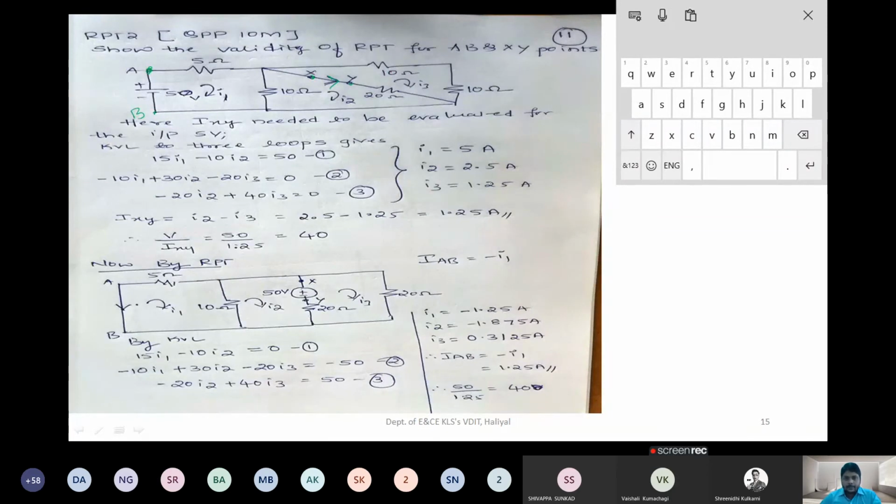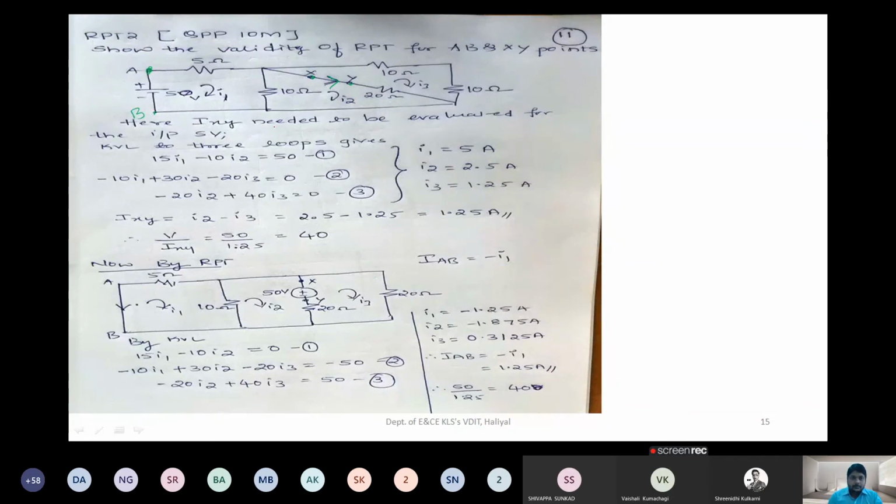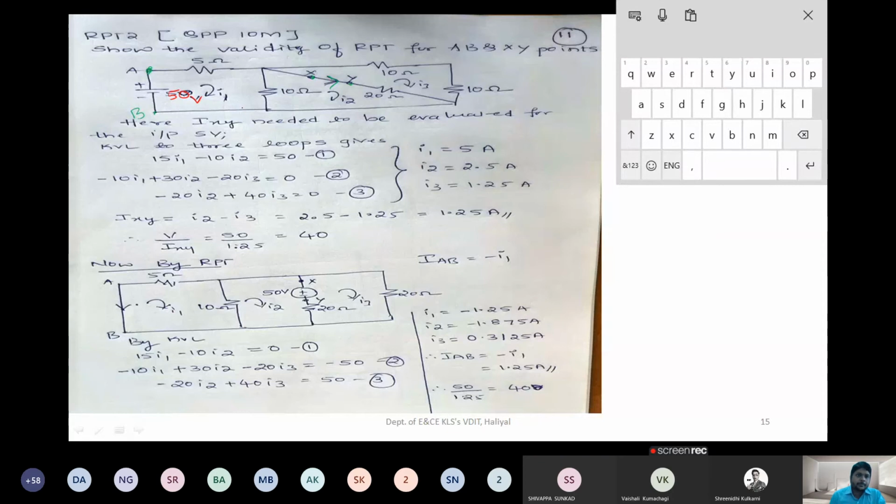Okay. So if I consider, I can see that the entire circuit is operated by this 50 volt source, right? So that means 50 is the input.